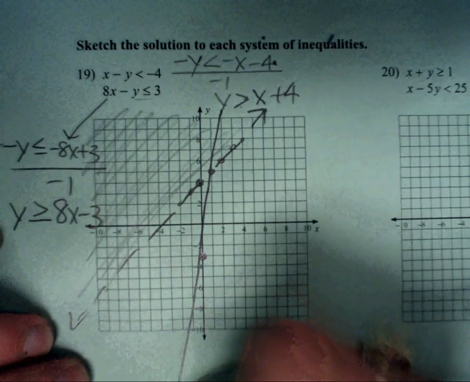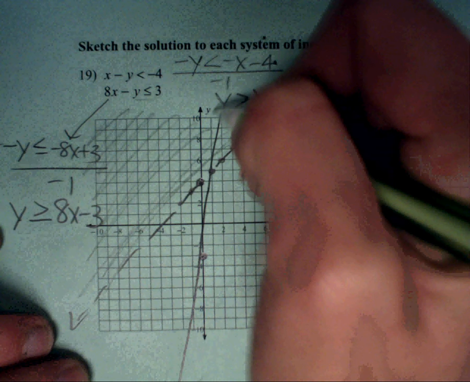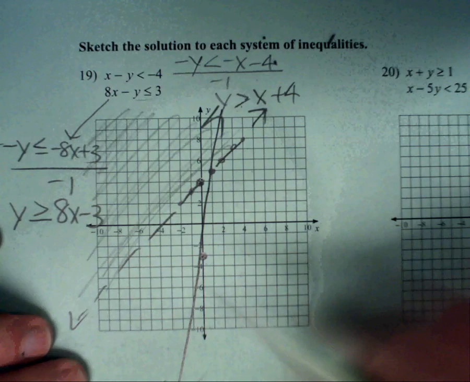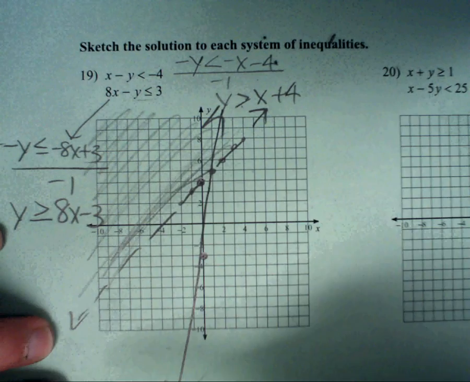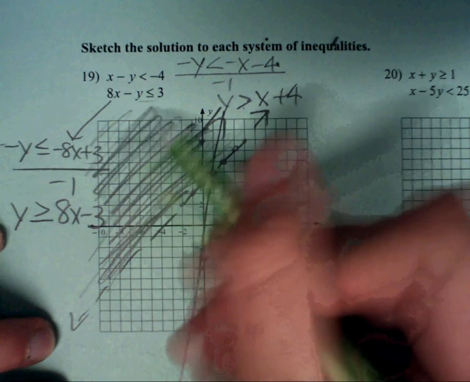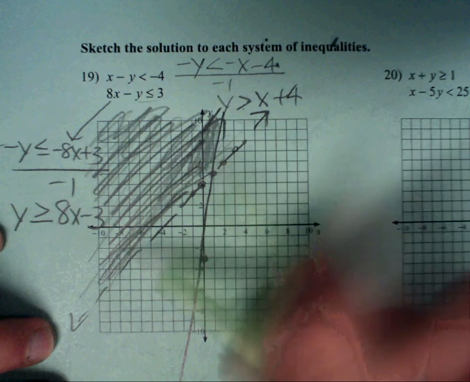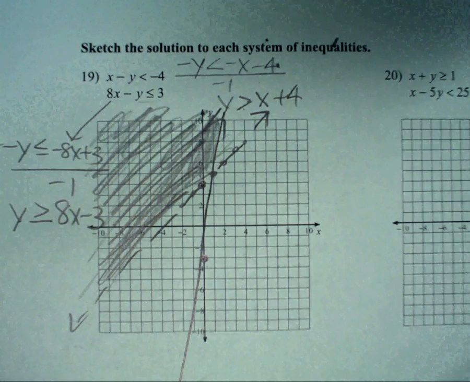Solid line because it's equal to. It's greater than. So it is above this line, but I don't really care to shade this. I just care that my shading is really dark where they overlap.